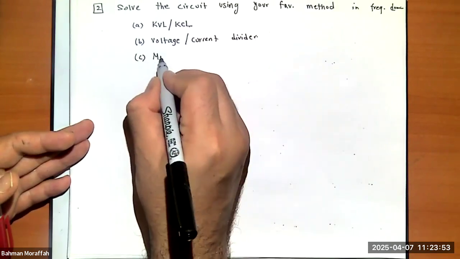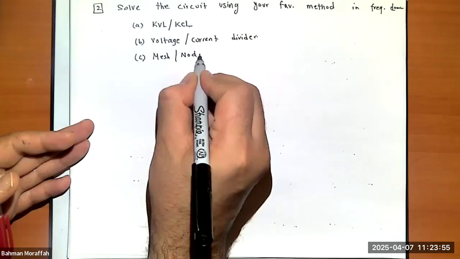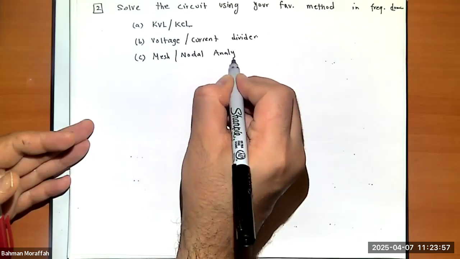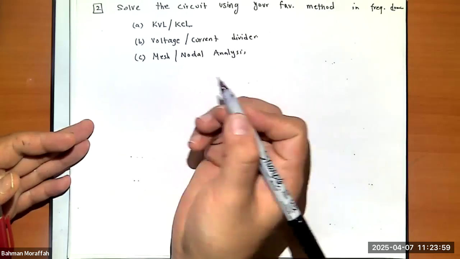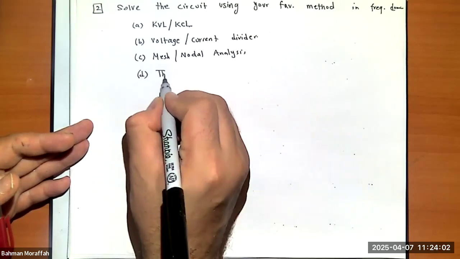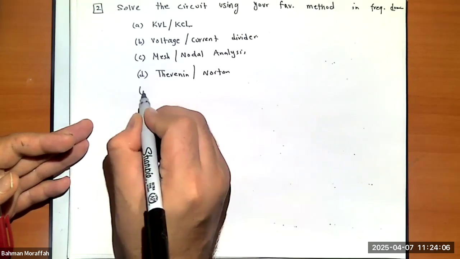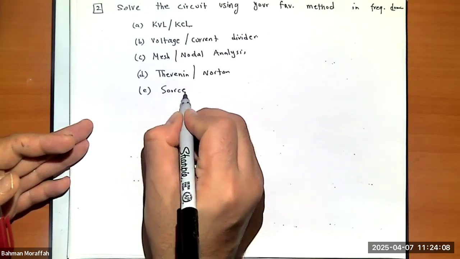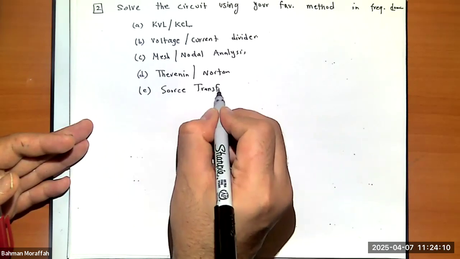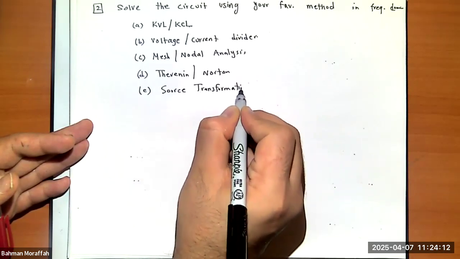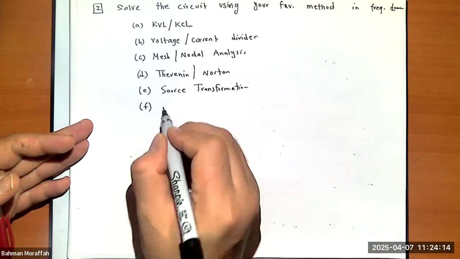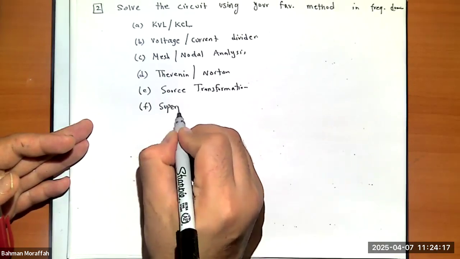You can do mesh or node analysis. You can do Thevenin or Norton. You can do source transformation. Or you can do superposition.